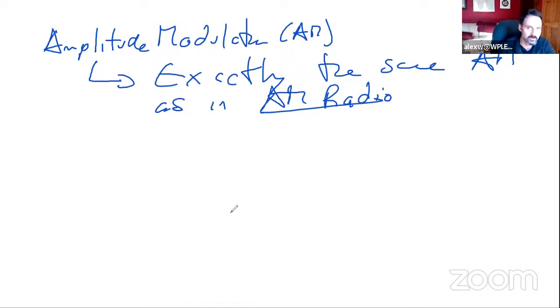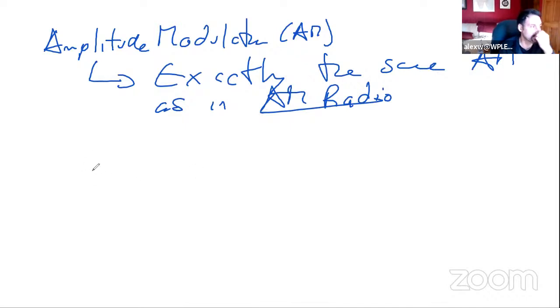Usually a music station is on FM radio, which is a different type of modulation scheme, frequency modulation.